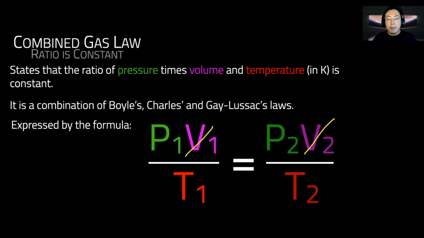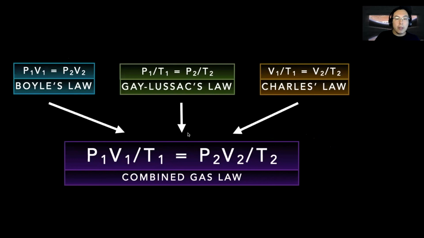So basically by getting out these variables, either because they're constant or because they're not even regarded in the problem, from the combined gas law we can get the other three laws that we just studied.